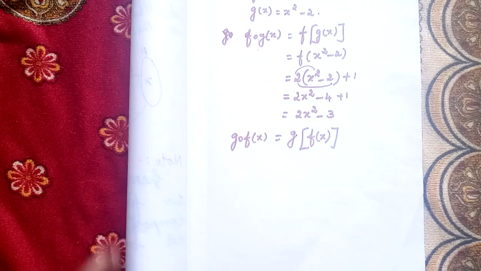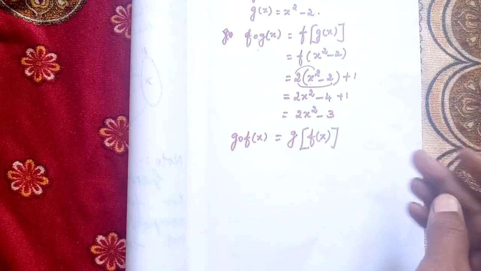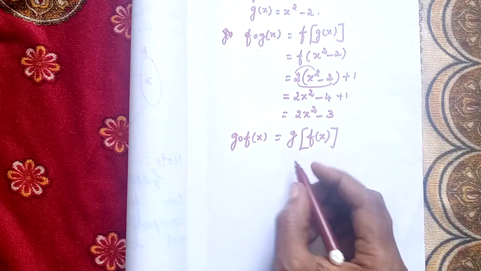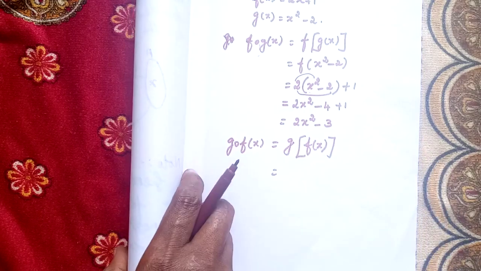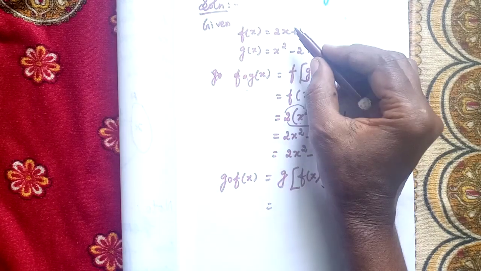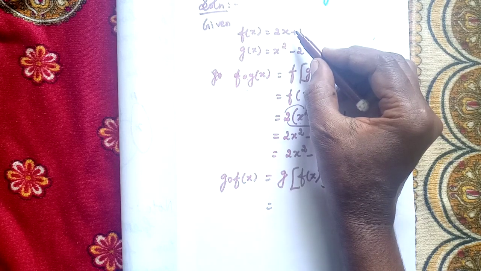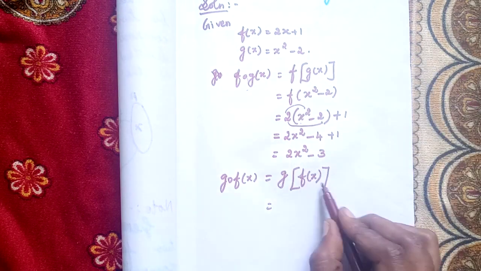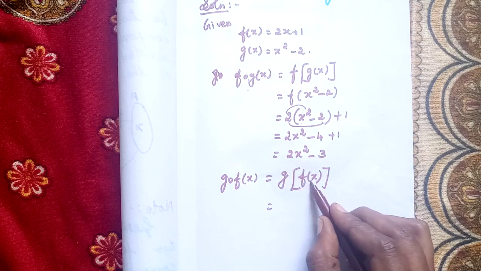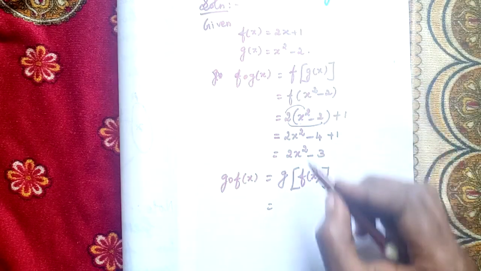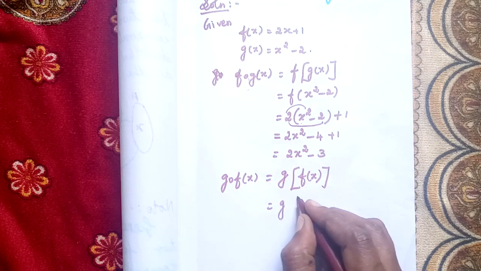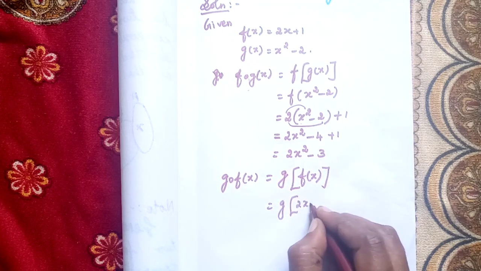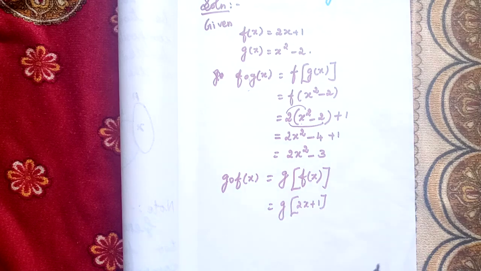What is g of f of x? Students, what is g of f of x? Here in place of f of x, what do we have to substitute? In place of f of x, we have to substitute 2x plus 1. So g of 2x plus 1.